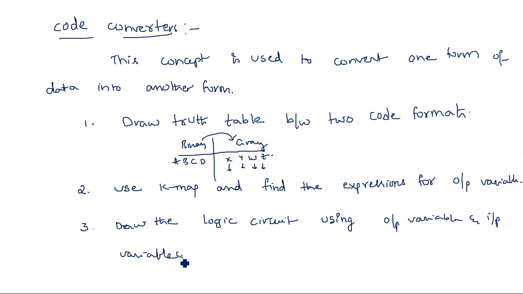These are the main steps you need to adopt when you are going to convert one coding format into another coding format. First you need to draw the truth table between the input and output. Input is the format from which you are going to convert, output is the format to which you are going to convert. So this is input coding format and output coding format. The second step is K-map to get the output equations. And the last step is to draw the logic circuit from the expressions.